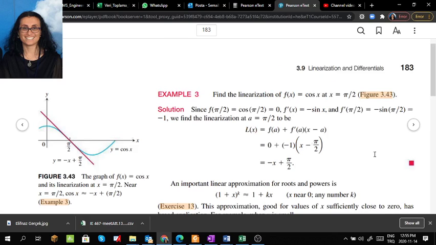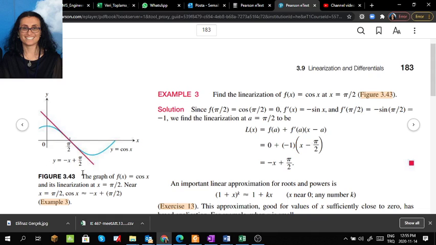Okay, let's see another example. We'll find the linearization of f of x equals cosine x at x equal to pi over 2. Look at the graph here. The blue one is our cosine. At pi over 2, we have the tangent line drawn here, and this is the tangent line equation, y equals negative x plus pi over 2.